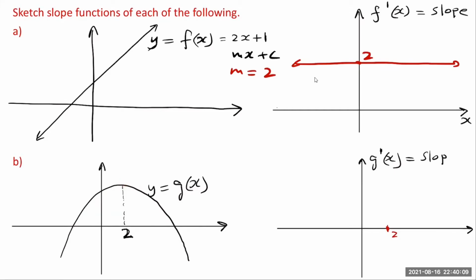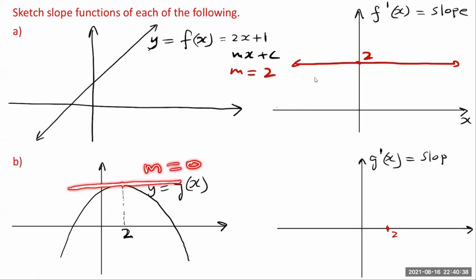By the previous definition, the slope at x equals 2 is the slope of the tangent to g of x at x equals 2, right? If you draw a tangent to g of x at x equals 2, that line is horizontal, right? As you can see here. So what is the slope of that horizontal line? Slope of a horizontal line is 0.